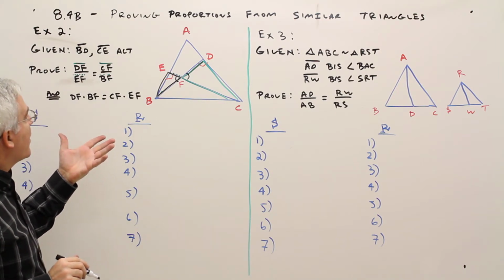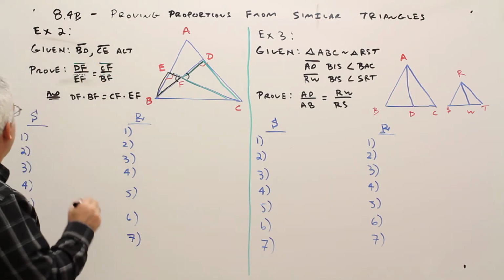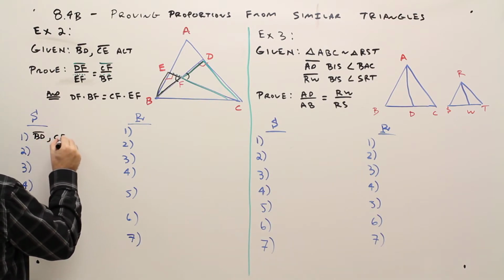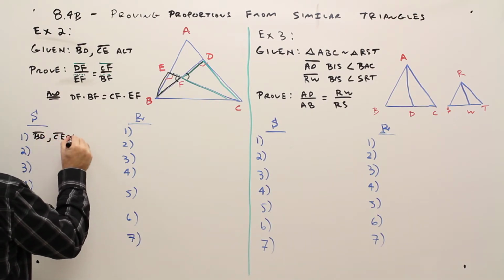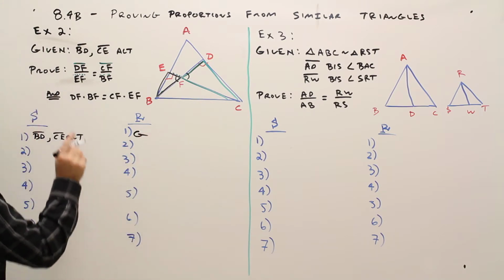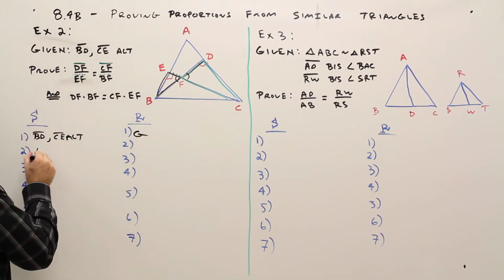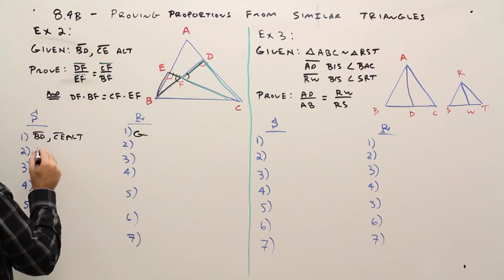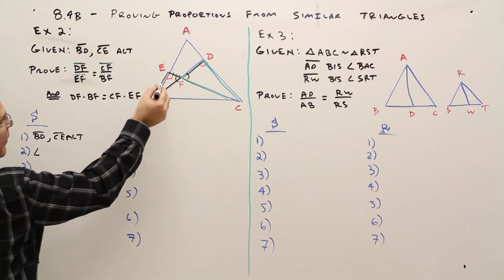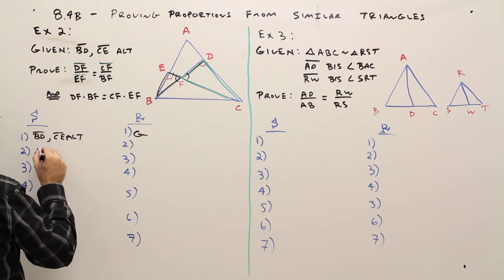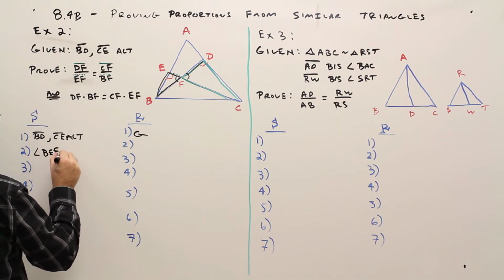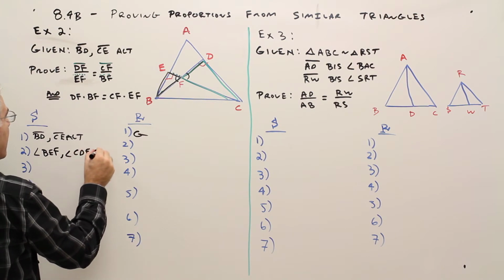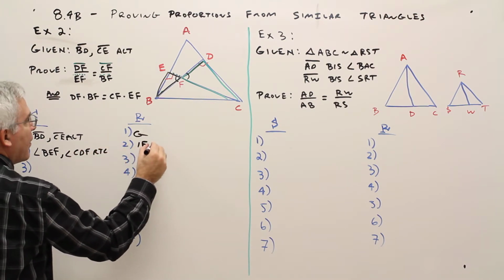Let's do it. So I'll start with this. BD and CE are altitudes. That was given. Based on that, I can get the right angles. Angle BEF and angle CDF are right angles.